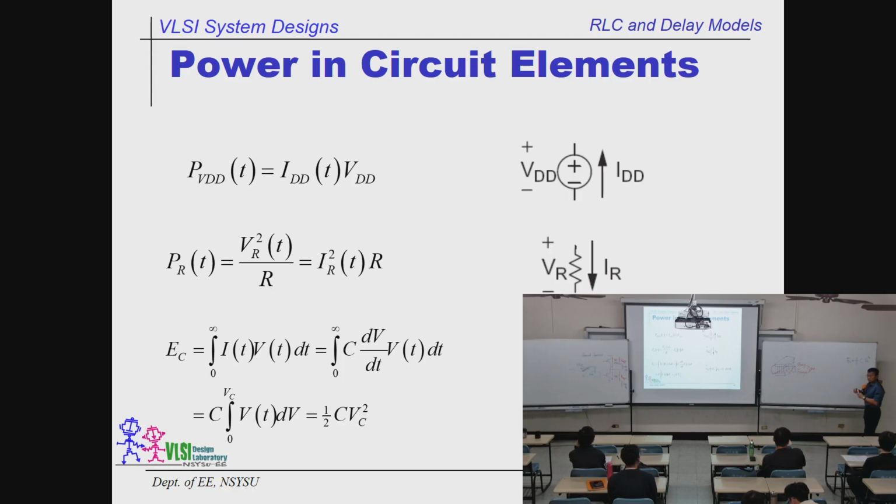So the energy for the capacitor to be charged to voltage Vc, this is the energy you need. There is no time in it. No matter how long you take, 1 year or 1 second, it is the same. This is the final energy. All right, remember this term, half of C V squared.